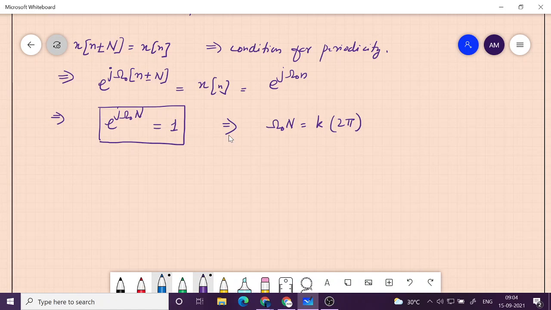But if you further look into the condition, the exponent here should have an angle which is equal to integer multiples of 2 pi. Now n is an integer.